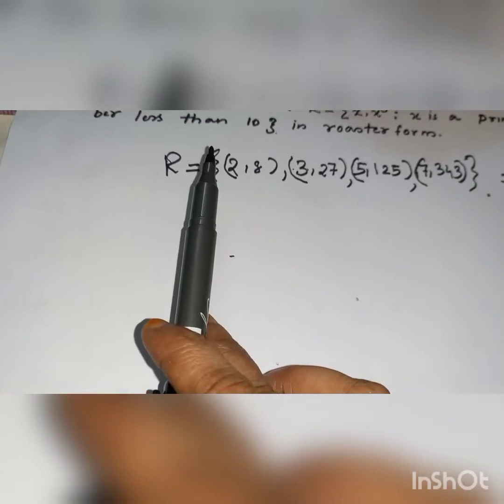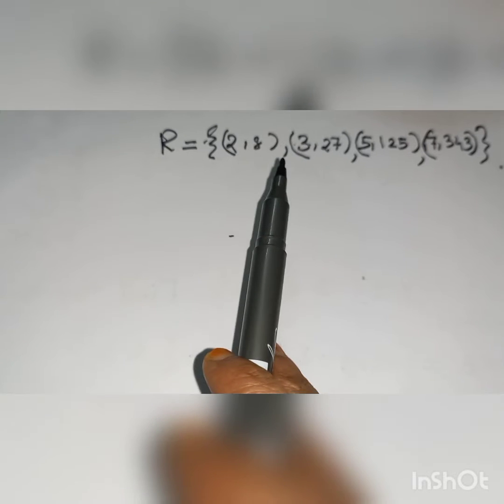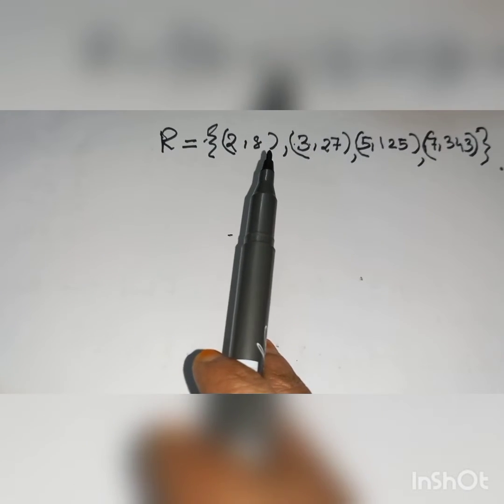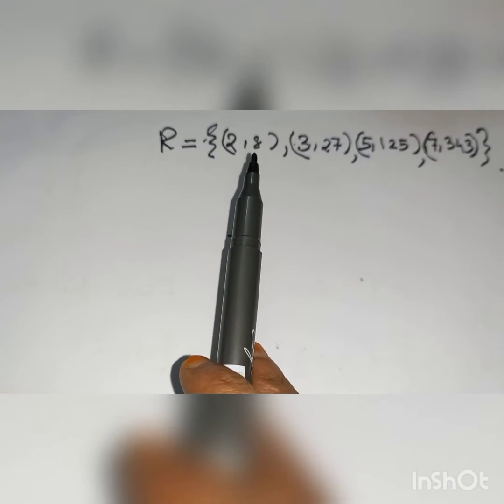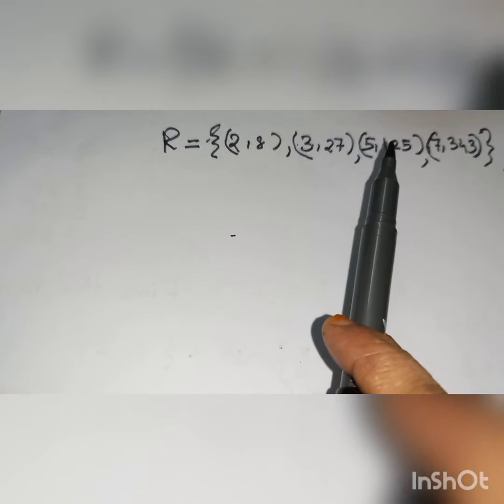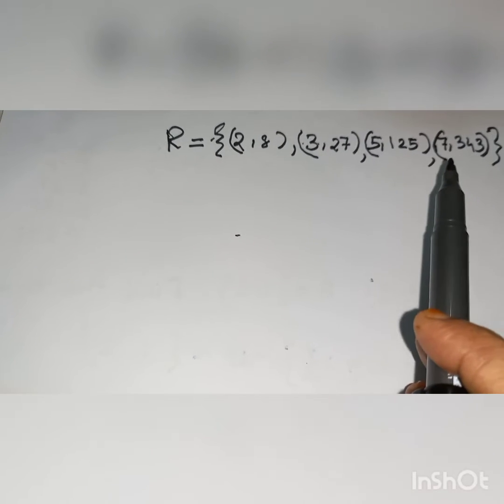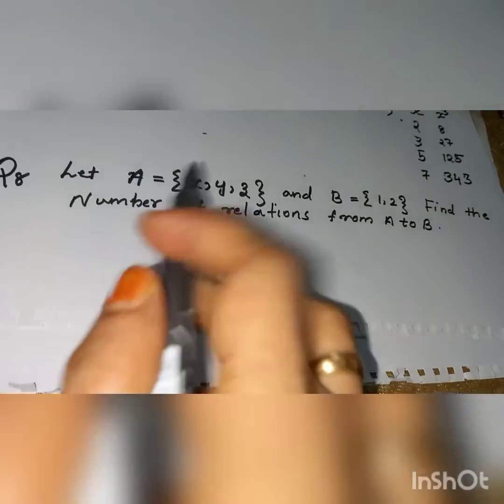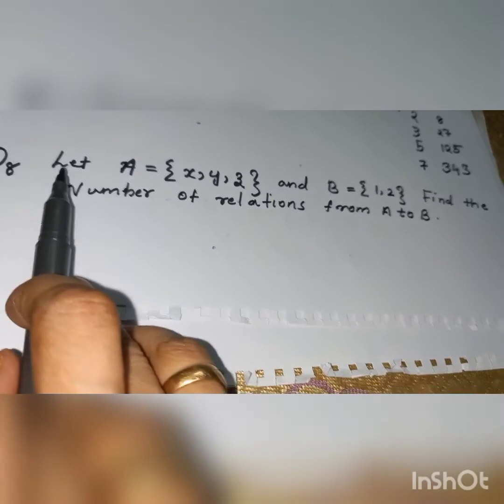So the roster form of this relation is what? R is equal to, we have to write this in ordered pairs. 2, 8, 3, 27, 5, 125, 7, 343. This is the roster form, isn't it?